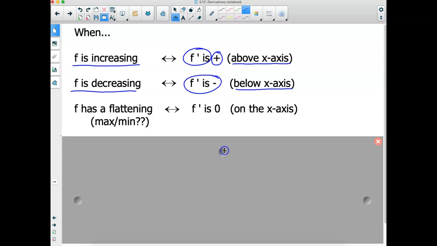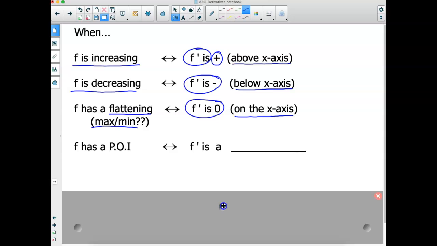Then I come along. If f has a flattening, a maximum or a minimum, it doesn't always have to be a maximum or minimum for a flattening, I just want to identify that. What happens is my tangents at the flattenings are 0, which means that's an x-intercept. That value is on the x-axis.